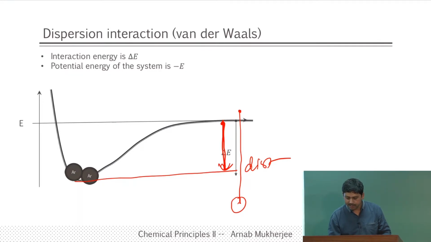As I said, the interaction energy is delta E, and the potential energy of the system is minus E. It started with 0, now it has become minus E, and therefore delta E amount of energy is released.